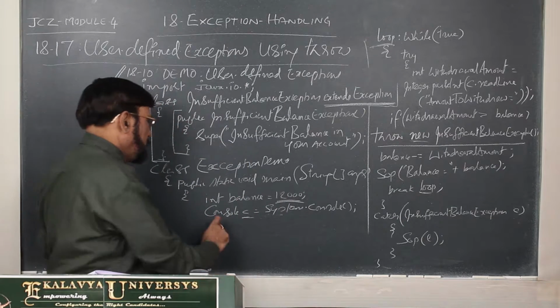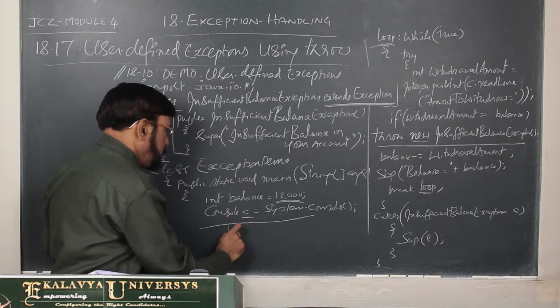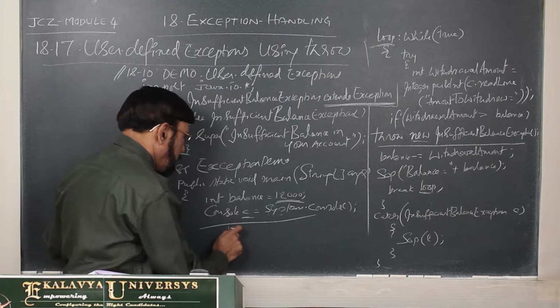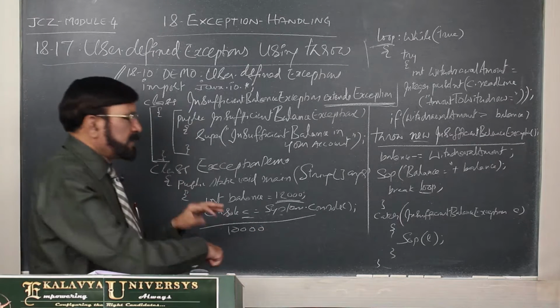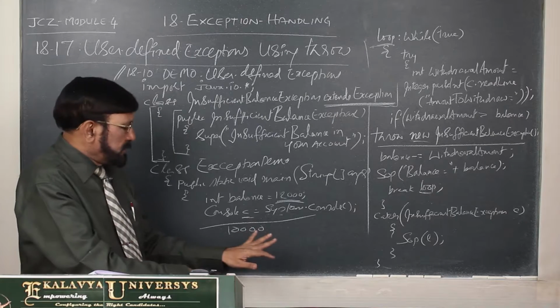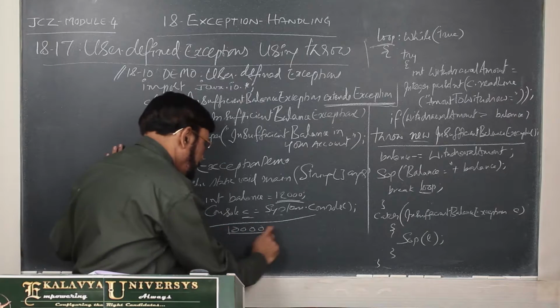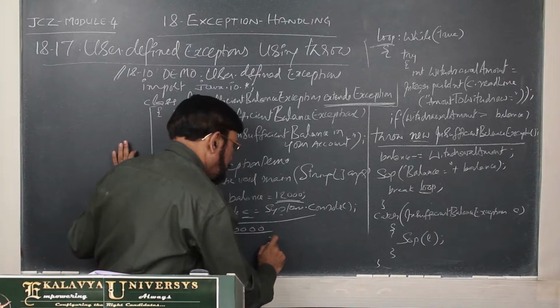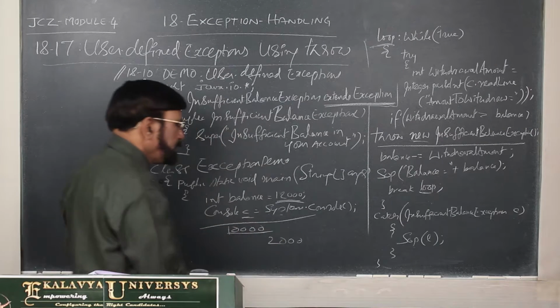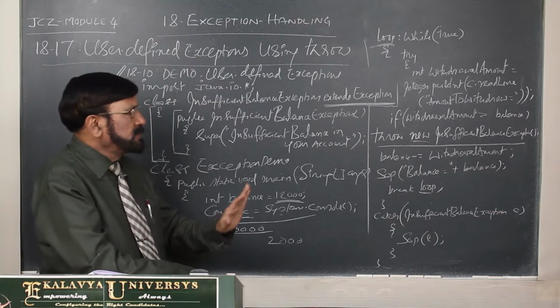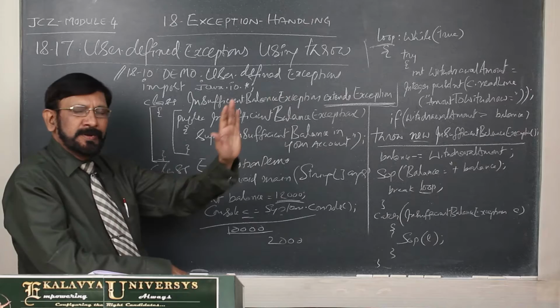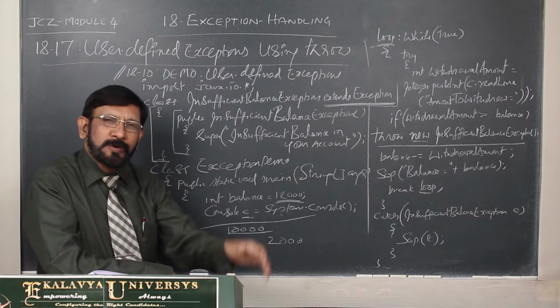So, in this case what happens? Suppose if you would like to withdraw 10,000 rupees, 10,000 rupees is allowed and the balance 2,000 is displayed. This means the entire exception handling code is simply ignored.